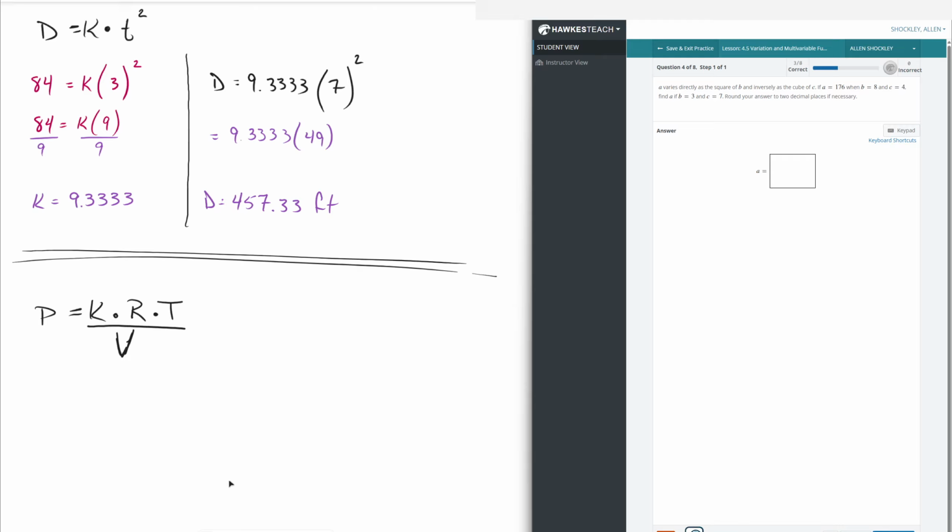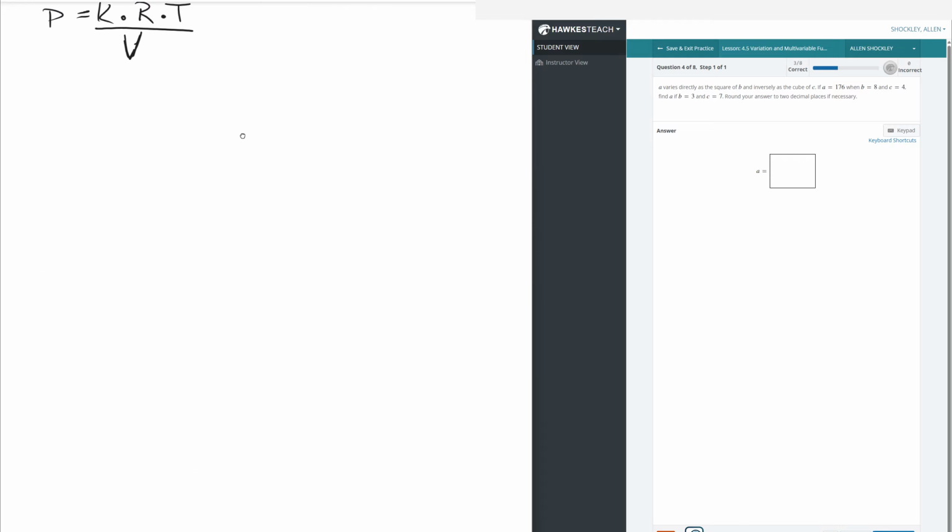And again, you jump right back in to more of these. This one is asking us to solve. They're going to use different letters this time, but the same general idea throughout all of it.